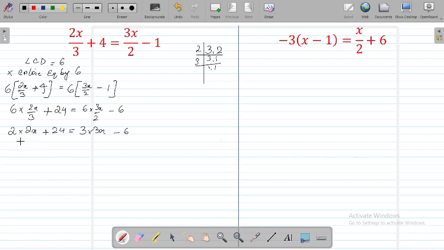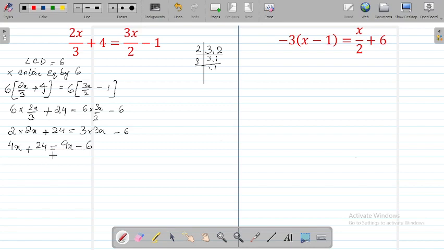Multiplying these out, you will be getting 4x plus 24 is equal to 3 threes are 9x minus 6. So 4x plus 24 is equal to 9x minus 6.